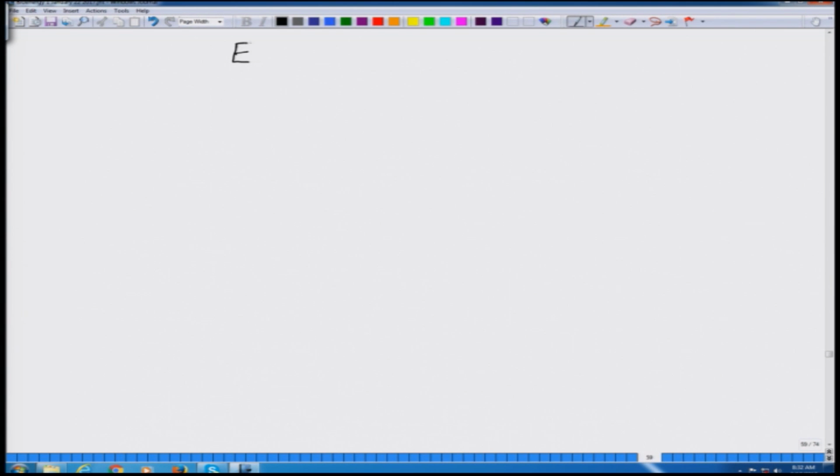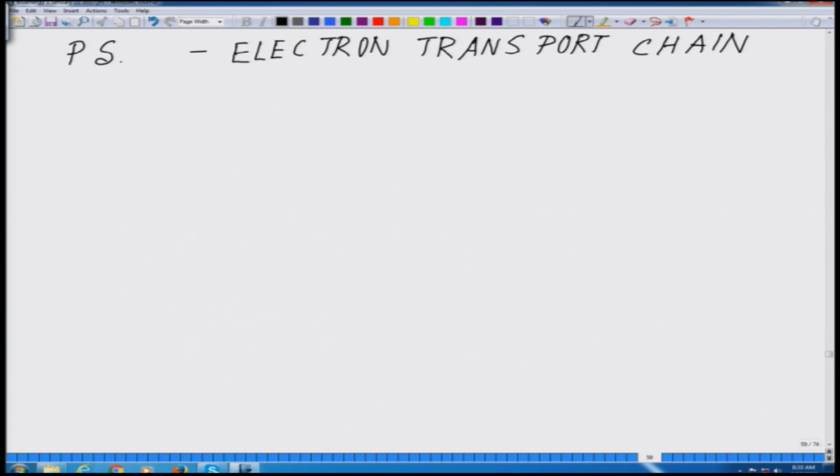The electron transport chain in photosynthesis. The way I will explain this transport chain is based on the redox potential.